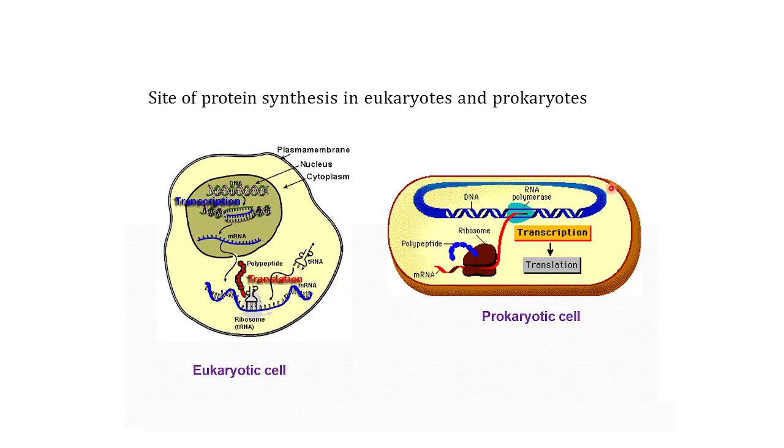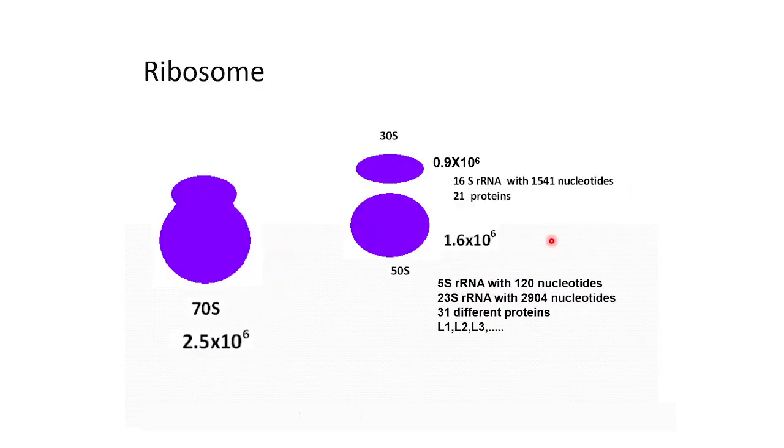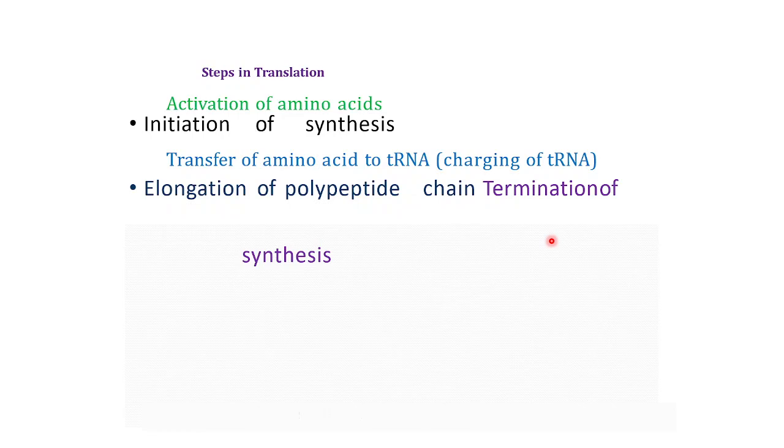A prokaryotic cell does not have the nuclear membrane. Right, so the ribosome, you see over here, there is a 70S ribosome, then there is a 30S and 50S. So these are the different ribosomes over here.